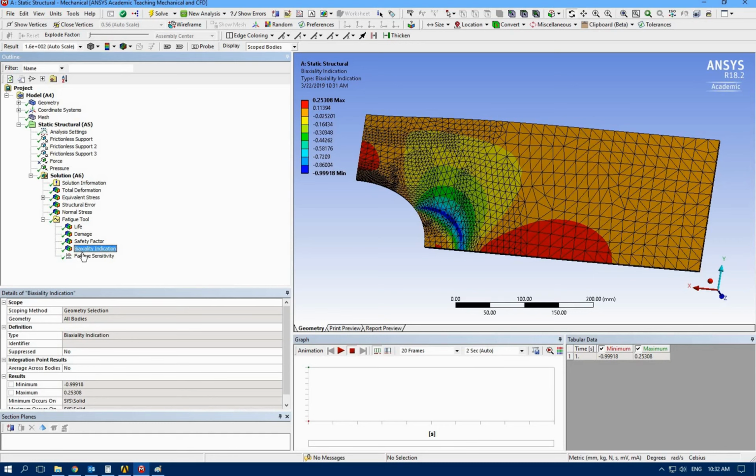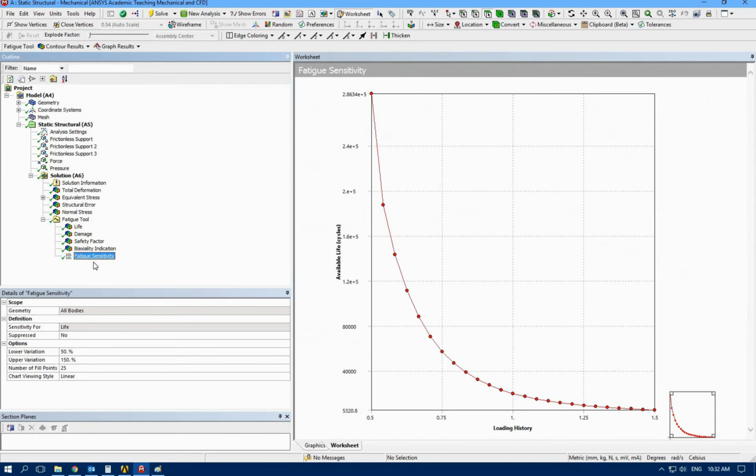It's a little bit difficult for me to pronounce this. And let's see our fatigue sensitivity. Again, we're not reaching the infinite life, 10 power 6.